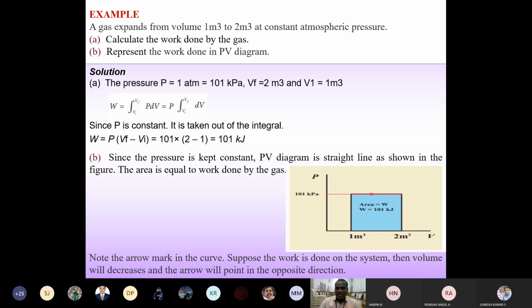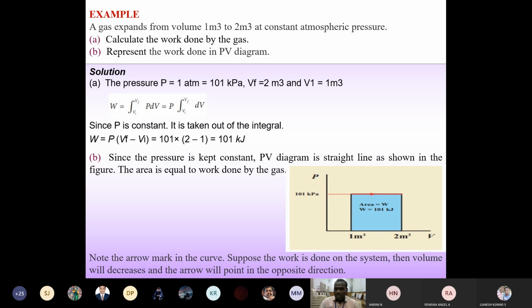The area under the curve is equal to the work done by the gas. So we can compare these two values. If we calculate the area under the curve, we get a rectangle. The length along the horizontal axis will be 1, and the height along the vertical axis will be 101 kilopascal.